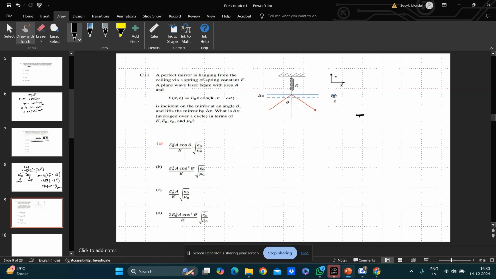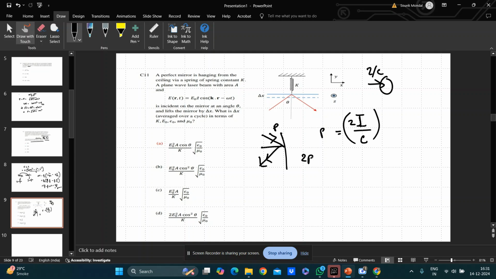If radiation has intensity I, then the pressure is I by c if it is absorbed by a surface, and if it is reflected by some mirror kind of surface, then the pressure exerted is 2I by c. This is due to the change in momentum. If a ball hits the surface and is reflected in this direction, with initial velocity in this direction and final velocity in this direction, the change in momentum perpendicular to the surface is 2p cos theta.